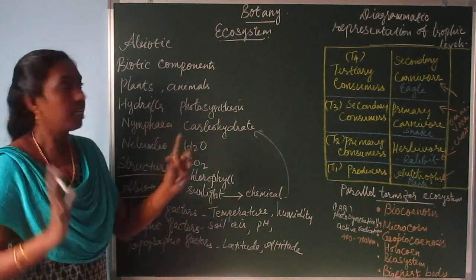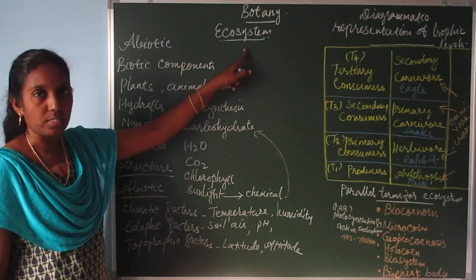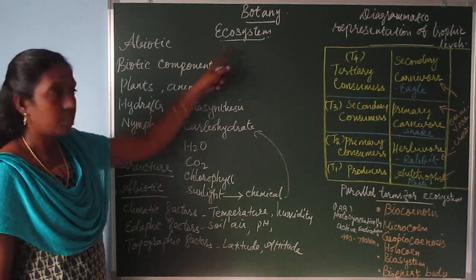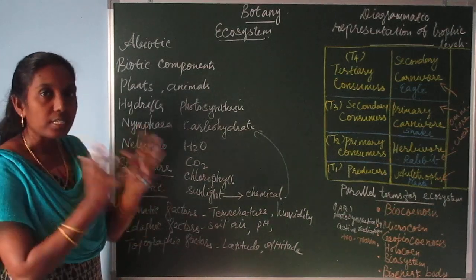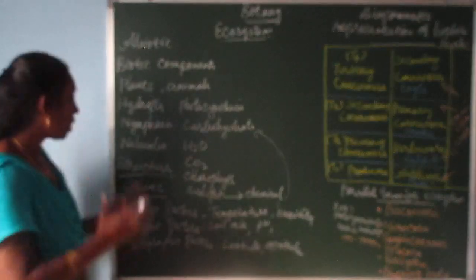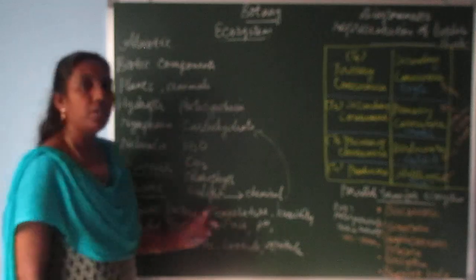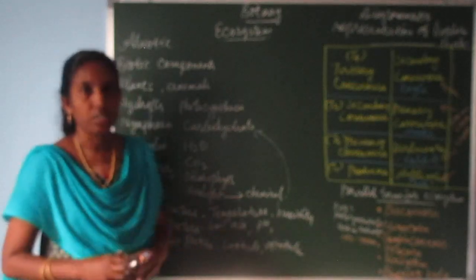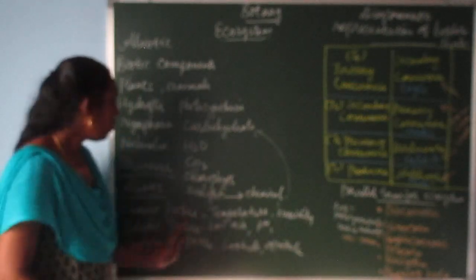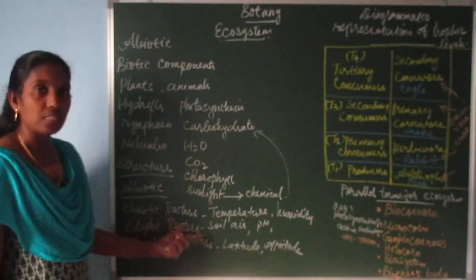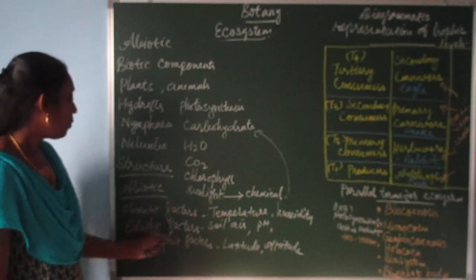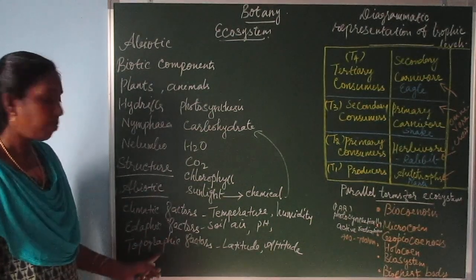The topic is ecosystem. You remember that the ecosystem consists of structure and function. The structure is made up of abiotic components and biotic components. Abiotic components, you already learned in the previous chapters, factors affecting ecology: climatic factors, edaphic factors and topographic factors.